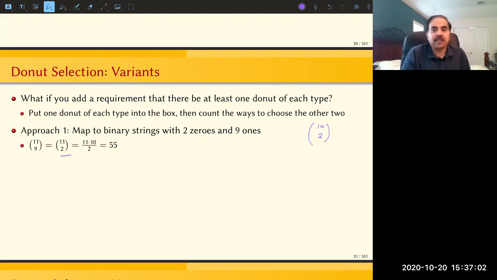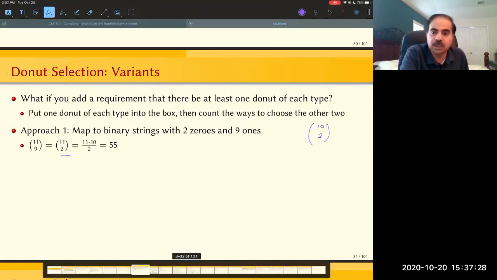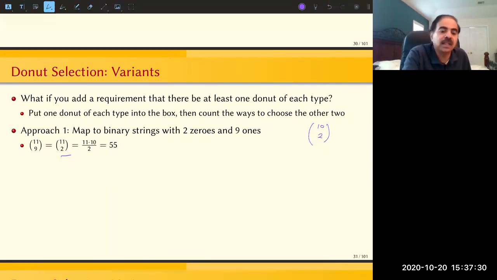So you are putting this inherent, implicit condition that the 2 types that you choose are distinct types, which is not needed, right? You can choose both of them to be the same type, and that additional possibility is what is reflected here, right? So basically, if you do 10 choose 2, that'll give you 45, right?